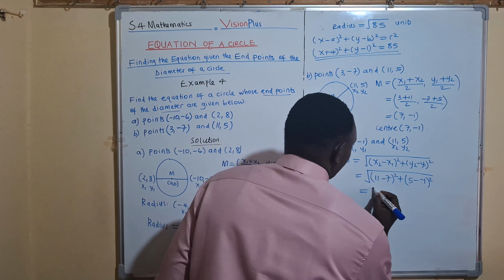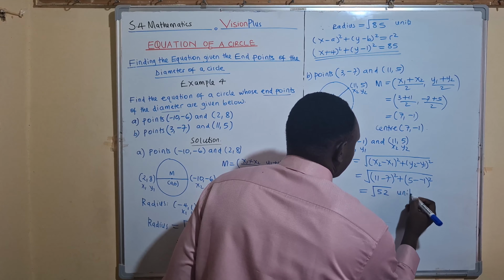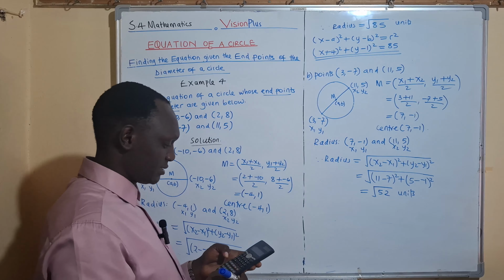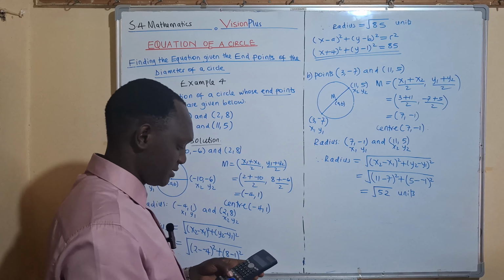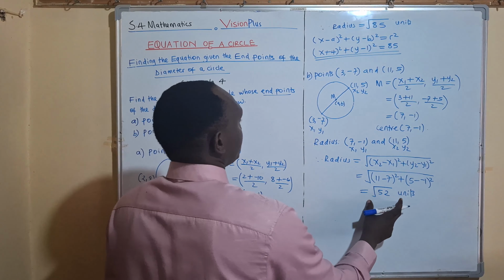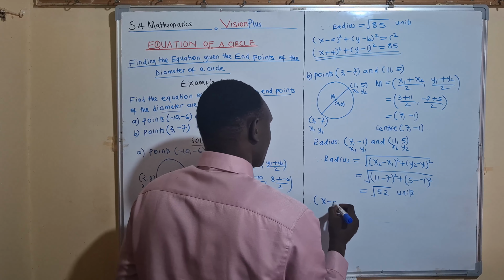I'm getting 52. Therefore, we have the root of 52 units. This is the radius. 11 minus 7 squared plus 6 squared, that means plus 36. Yes, correct. After getting the radius and you have the center, you can find the equation in any format.